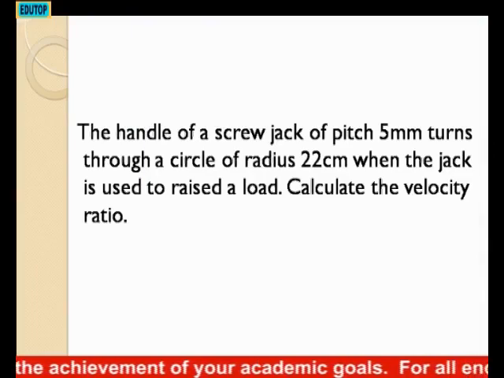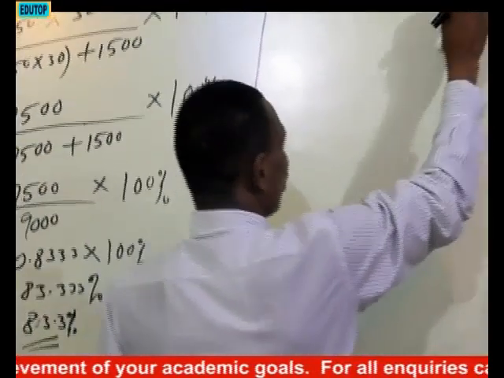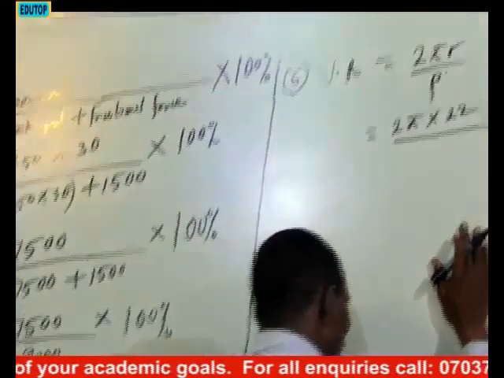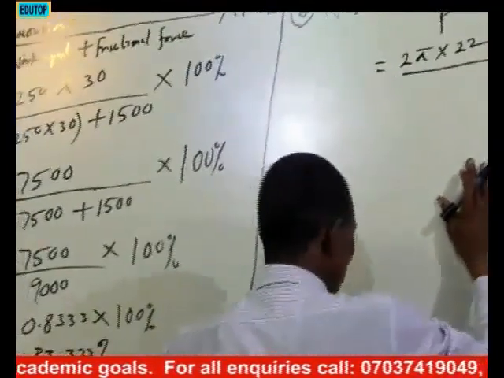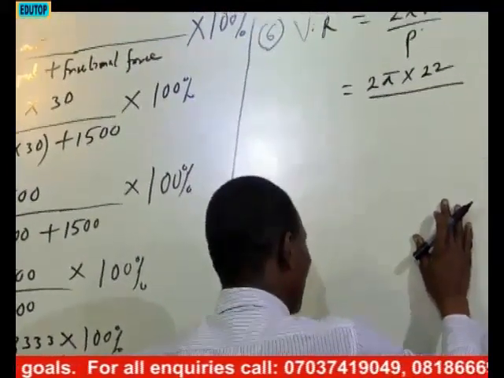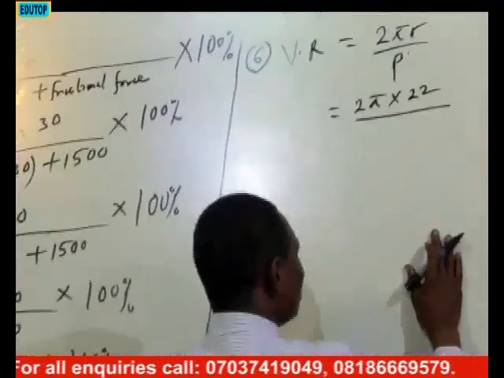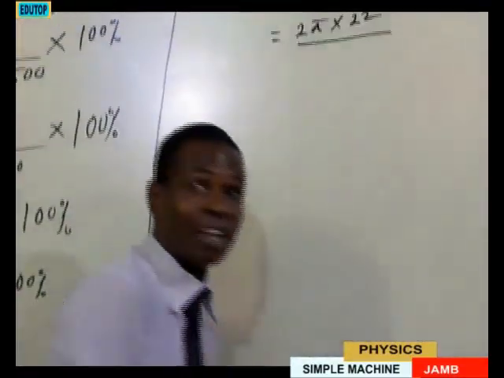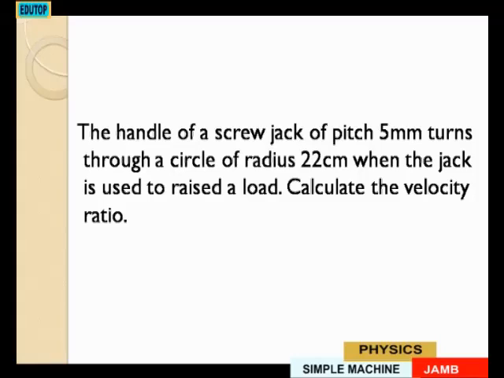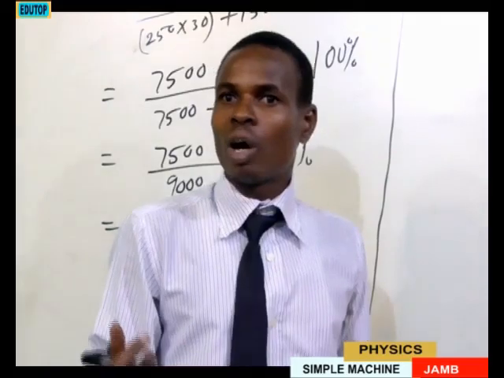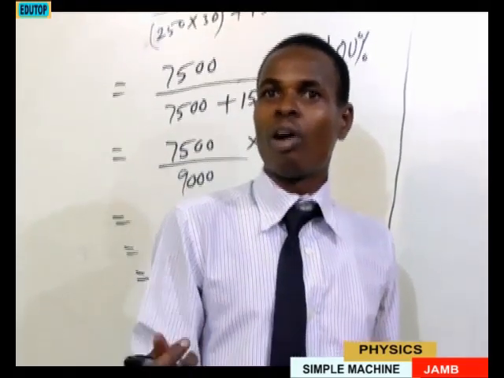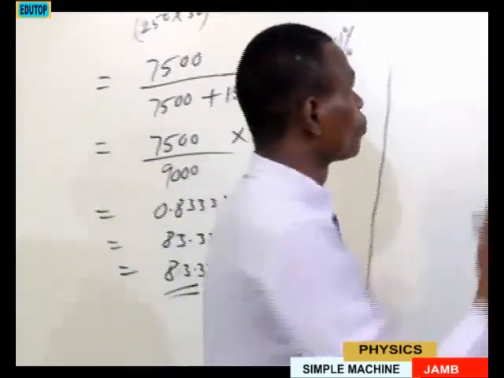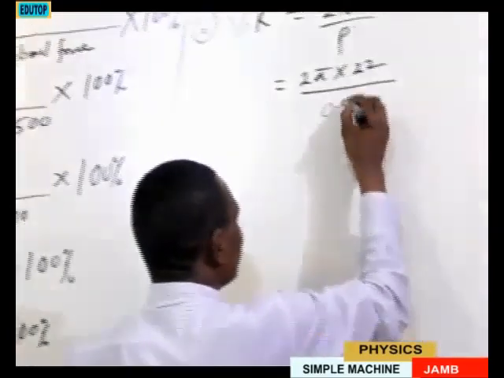I want you to get something from here. We are given the radius in centimeters but the pitch in millimeters. Convert the millimeter back to centimeter by dividing by 10. So 5 divided by 10 gives 0.5.